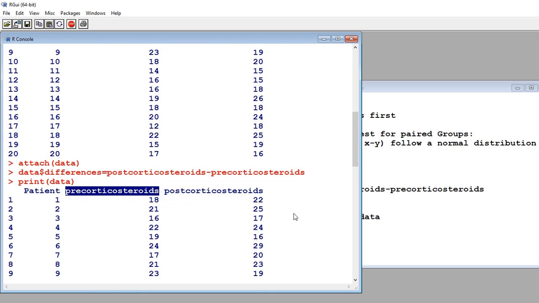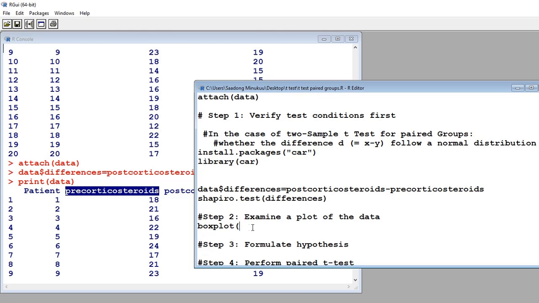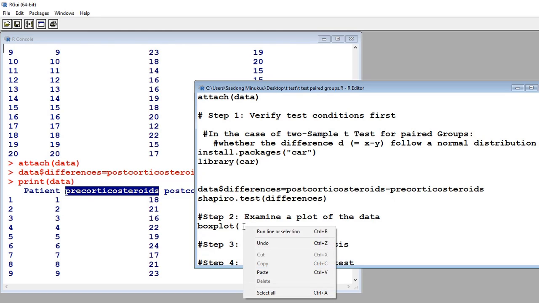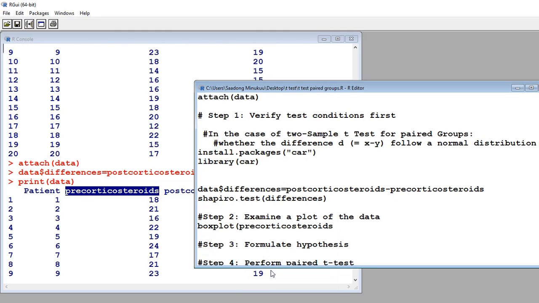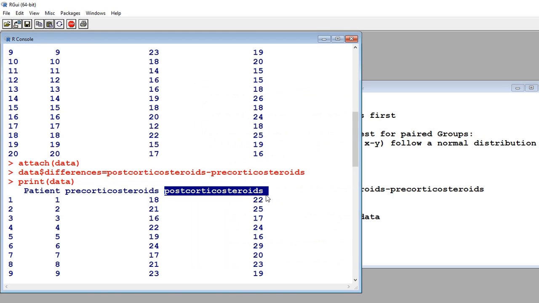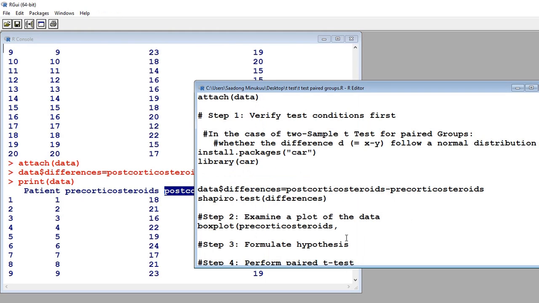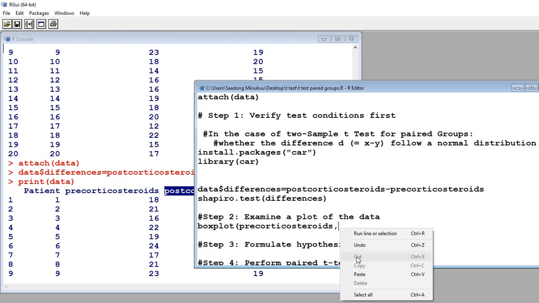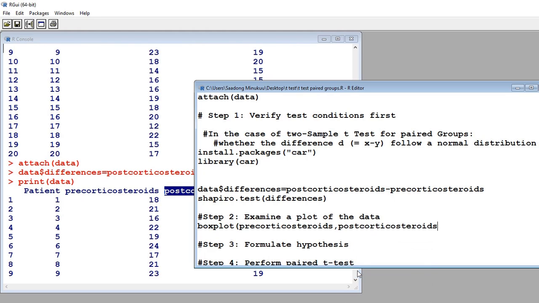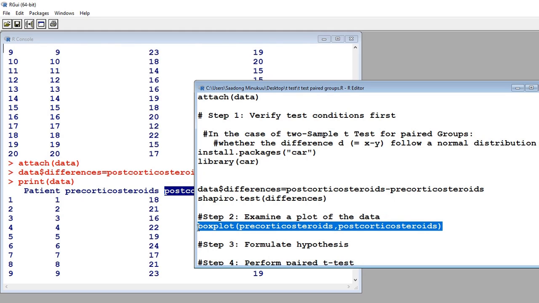Remember, the purpose of this particular test that I'm doing is to know whether corticosteroids significantly affect the body mass index of patients. In other words, is corticosteroid actually related to obesity or body weight gain? Okay, so now we're going to have our box plot.